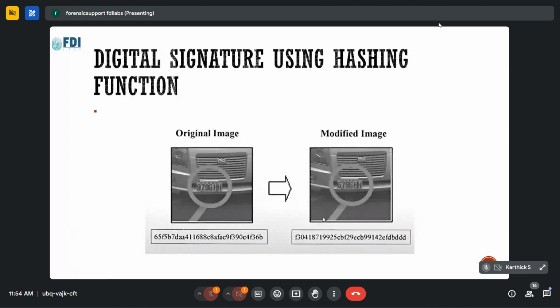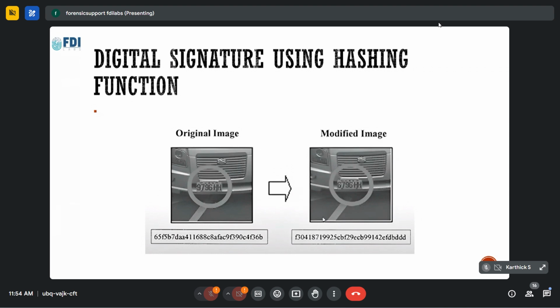And both are possible only if we have some extra facility. The camera that we are taking the picture with should have the watermarking facility and the digital signature facility.